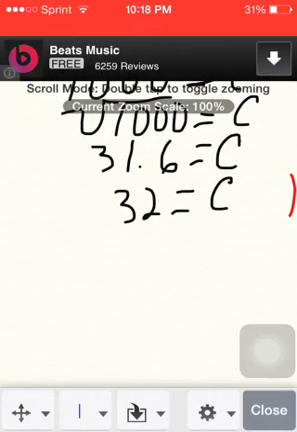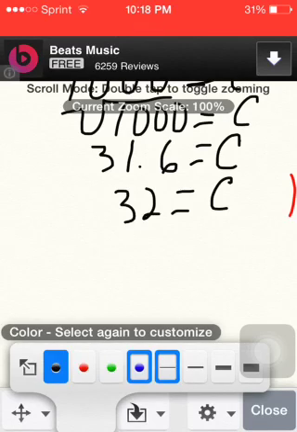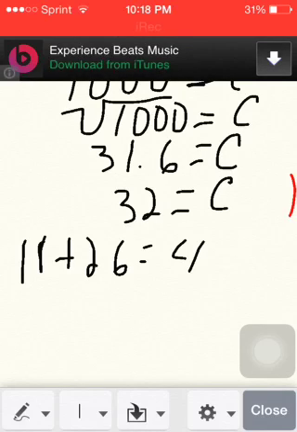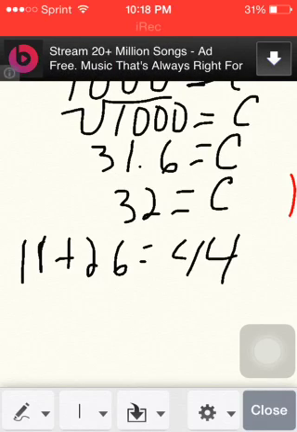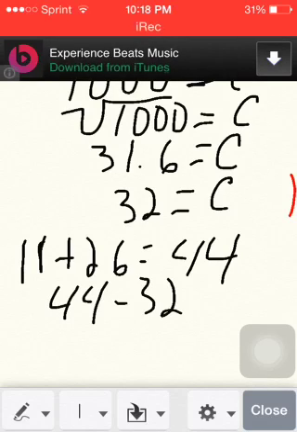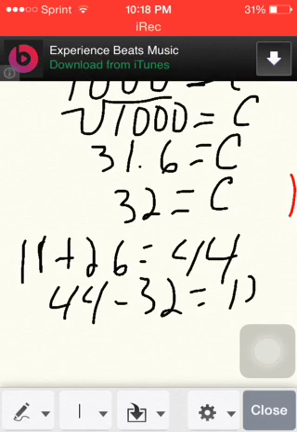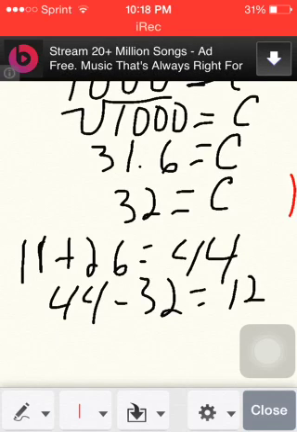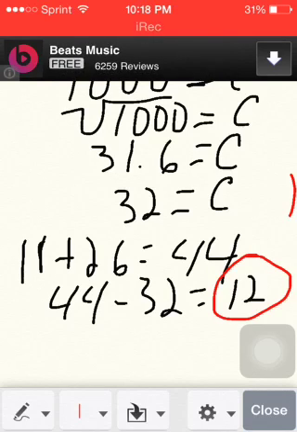So we know 18 plus 26 equals 44. So when he picks up James, it's 44 miles. But the question asks, how much longer is his drive? So 44 minus 32, which is his drive when he goes by himself, is 12.